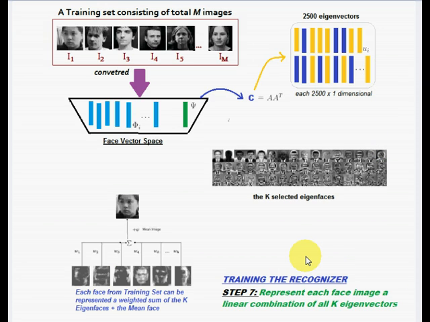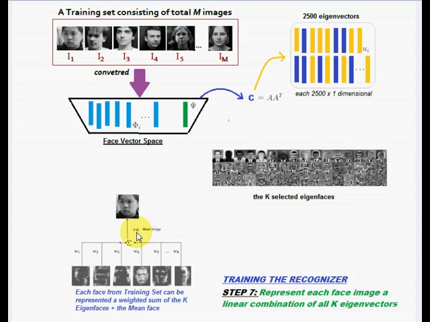Now comes the last part of training the recognizer. Once we have our K selected eigenfaces, the next thing we need to do is, for each face in the training set, represent this image as a linear combination of these K eigenfaces, plus the mean image, the average image.